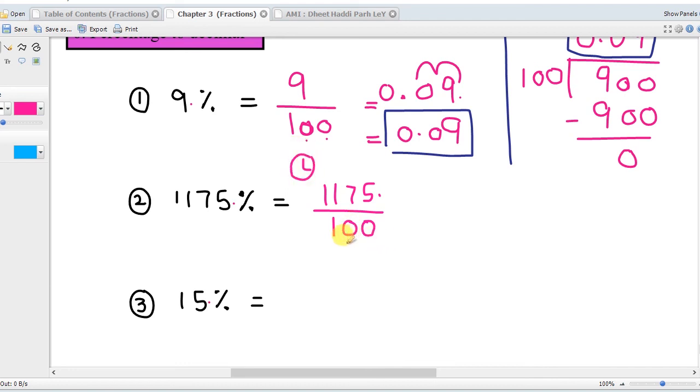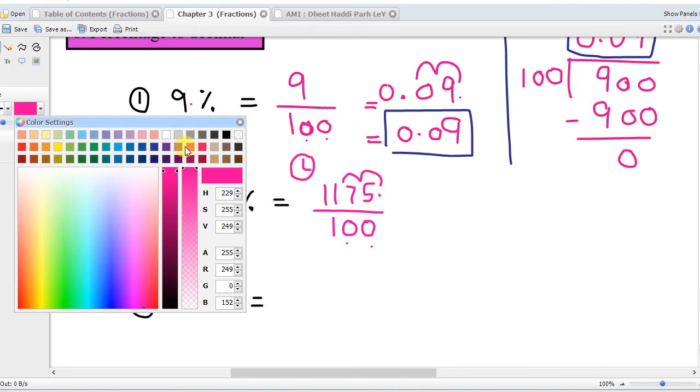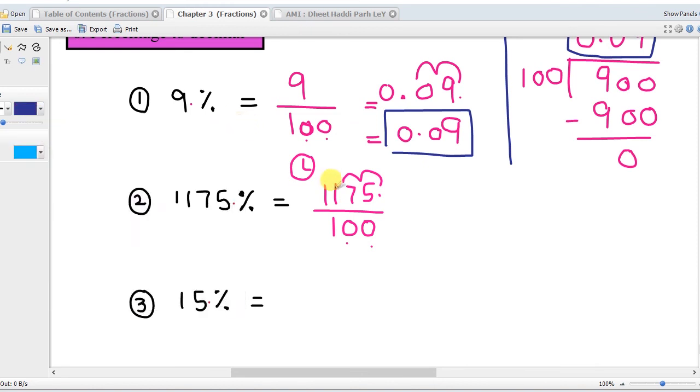Okay, and how many units? Since there are 2 zeros, you have to put the decimal point 2 digits towards the left side. So our decimal point should be shifted here, right? So this will be our new decimal point. Once you put your new decimal point, you can write your answer over here, 11.75.